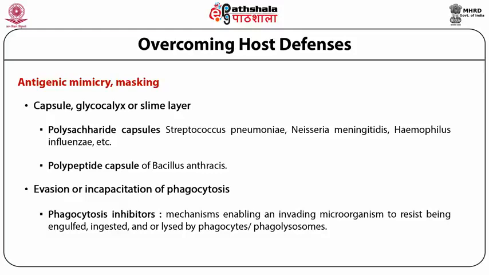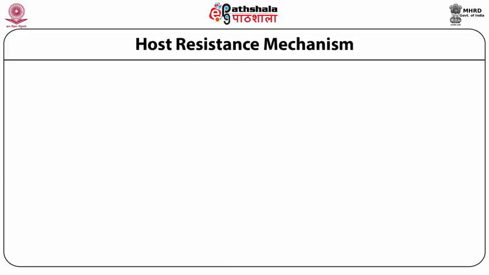When there is no phagocytosis, the pathogen can survive very easily inside the host and multiply. Hosts also exhibit resistance to microbes. It is very surprising that we are surrounded by thousands and thousands of microbes everywhere.